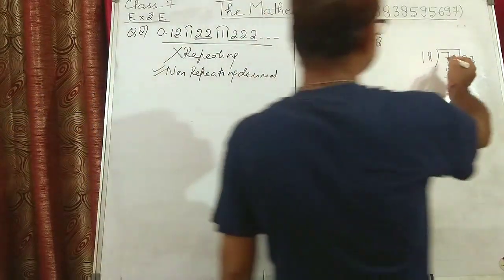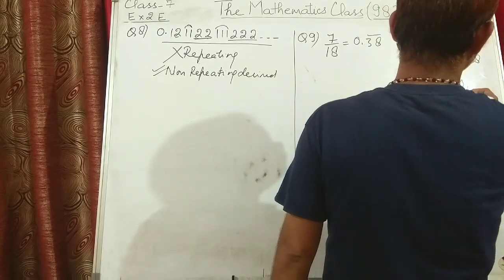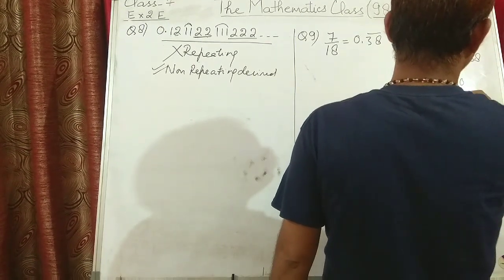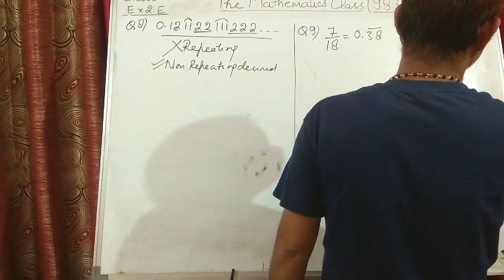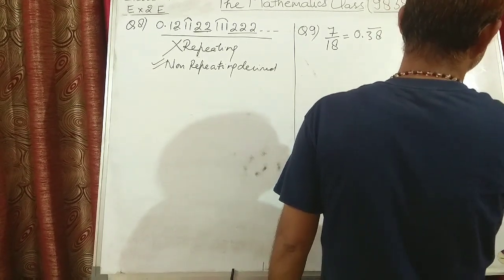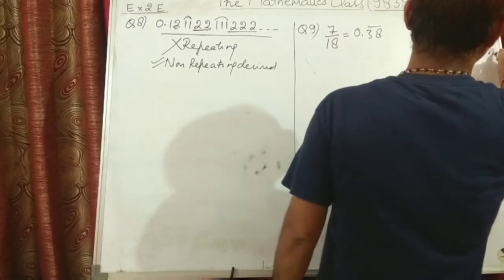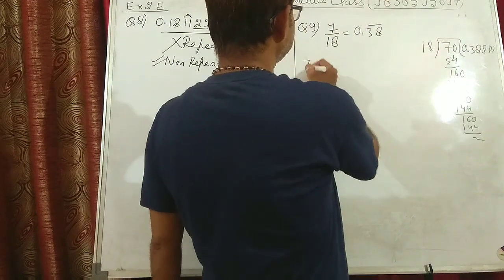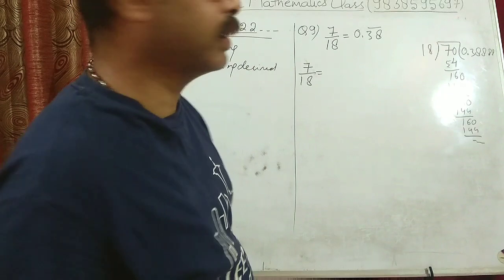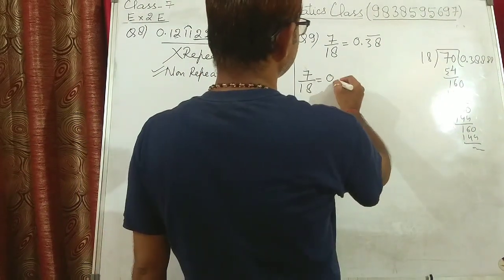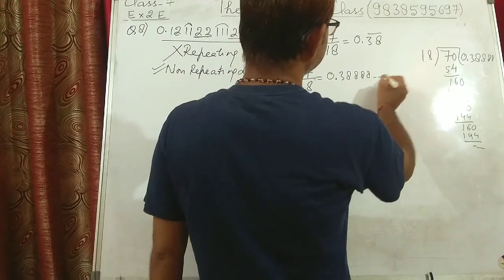So when we divide 7 by 18, it will be 0. 8 1s are 8, 8 8s are 64, 6, 144. Then again 10 minus 4 is 6, again 160. So again 144, again 160, again 144 and so on. So 0.3888. It means after dividing, we found 7 upon 18 was equal to 0.38888 and so on.